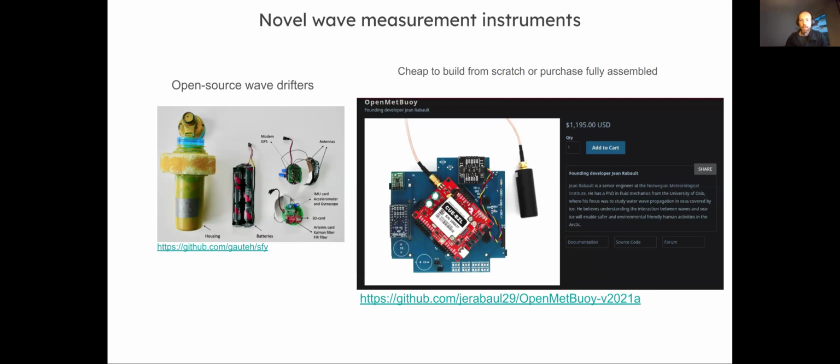So these kinds of wave drifter buoys are very cheap to build. You can build them from scratch by buying the components yourself, or in the case of the OMB buoy, you can even purchase them fully assembled for around $1,000 US, which is quite a lot cheaper than buying a commercial wave buoy.